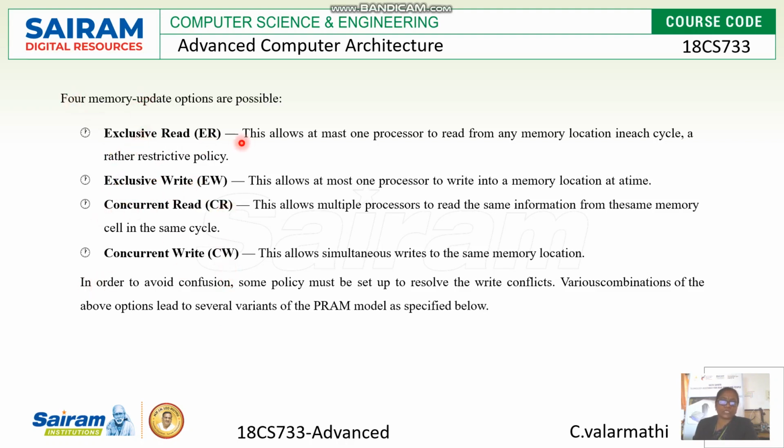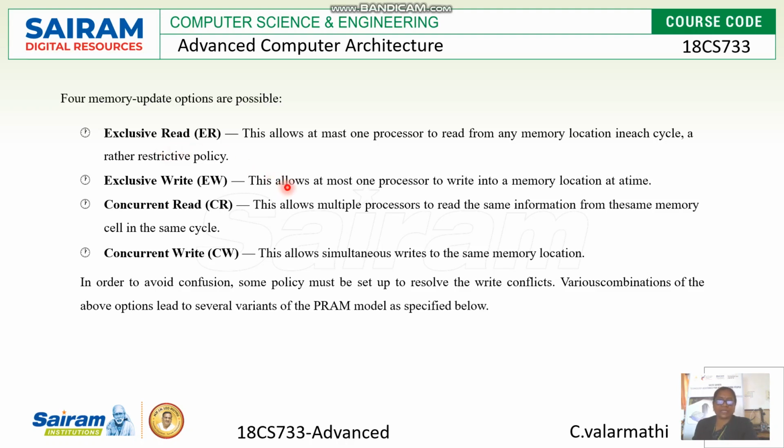What is the meaning of exclusive read? It allows only one processor to read any memory location in a given clock cycle. So in simplified form, only one processor is allowed to access the memory when getting details from memory.